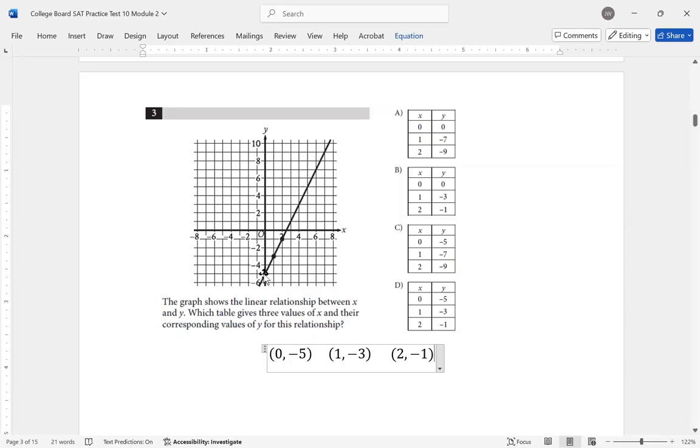So 0, negative 5, 1, negative 3, 2, negative 1. Those are 3 points. So I look at my options, and the option that has those 3 points is table D. So table D is the correct answer for question number 3.